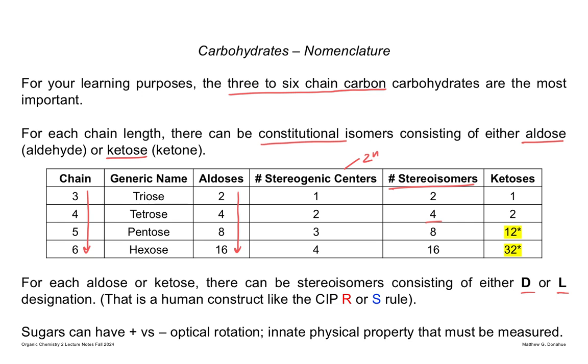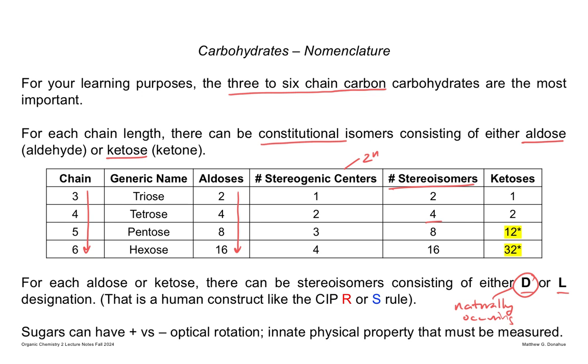Again, this is historic nomenclature since carbohydrates have been studied. I don't think it's ever going to go away. But one thing I can tell you is that of the naturally occurring sugars, they all have the D configuration. And what I mean by naturally occurring are the ones that we use in our diet.